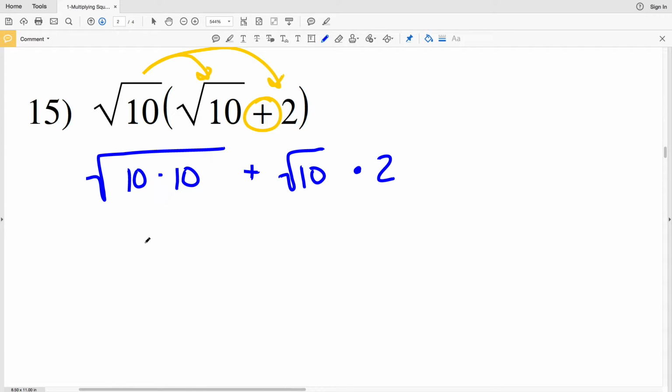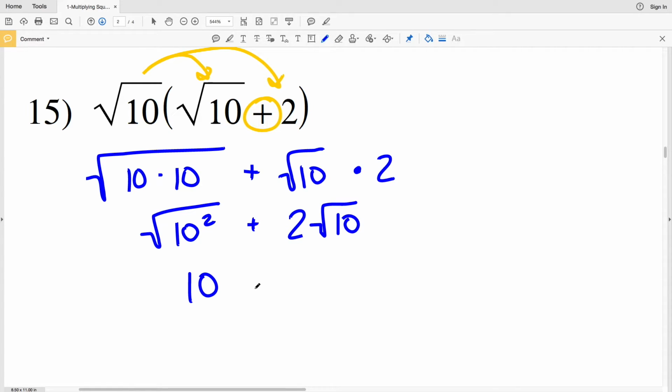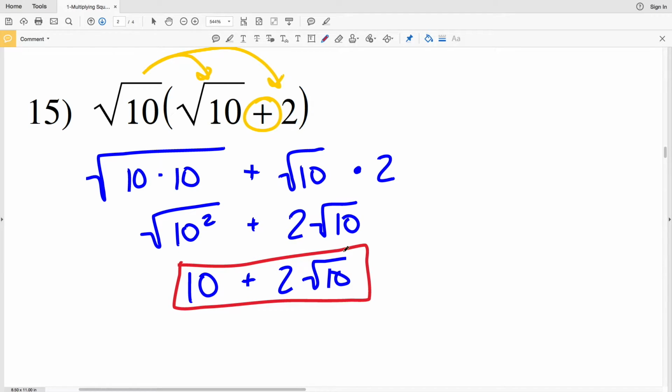The square root of 10 times 10 is the same as the square root of 10 squared, and I'm going to rearrange this so that it says 2 times the square root of 10. So we're adding 2 times the square root of 10. The square root of 10 squared is 10, and we're still adding 2 times the square root of 10 onto that. So our final answer is 10 plus 2 times the square root of 10.